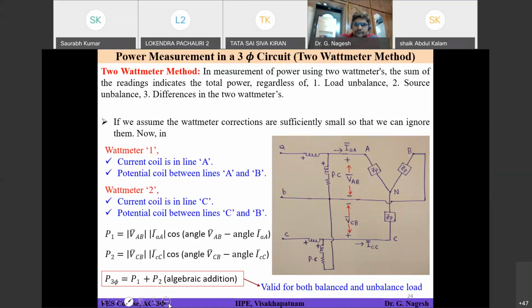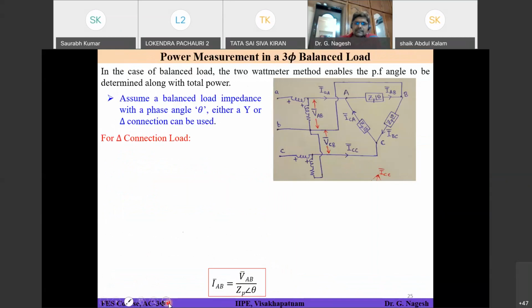Right. So let's check that for some circuit. Power measurement in a three-phase balanced load. I am considering a balanced load in a delta connected fashion, as you can see here.